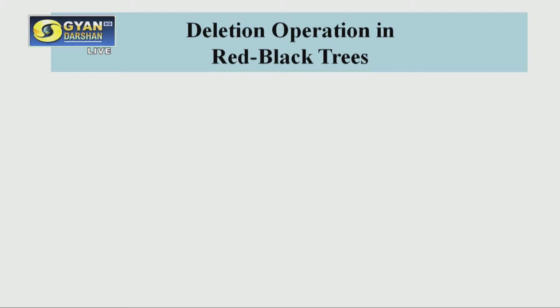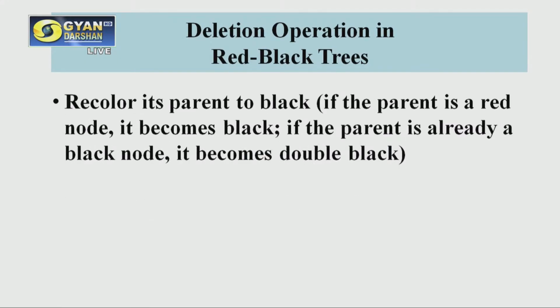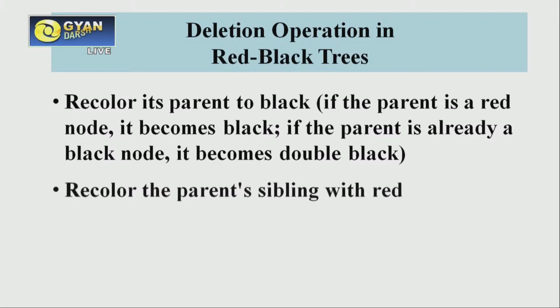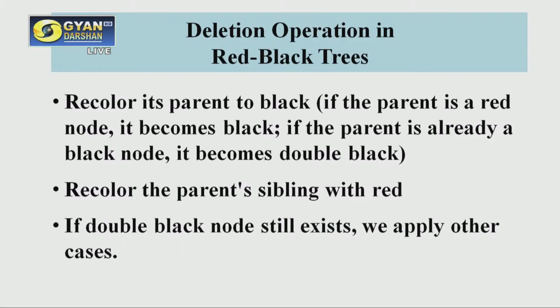We remove the double black node, then we recolor its parent to black if it is red, but if it is black, then it becomes double black. Thereafter we recolor the sibling with red, and if a double black node still exists, we apply the other cases accordingly. So let me come to that slide.